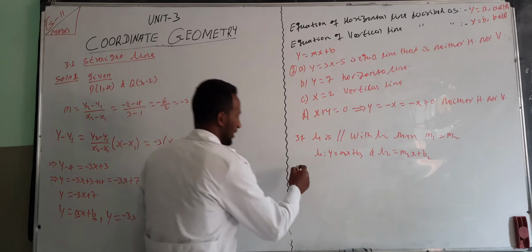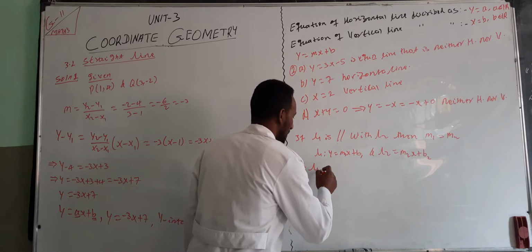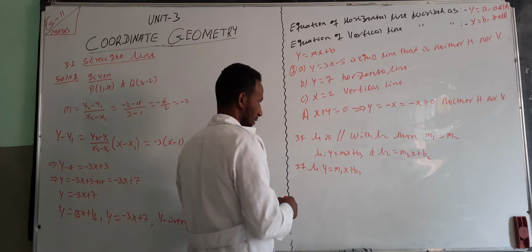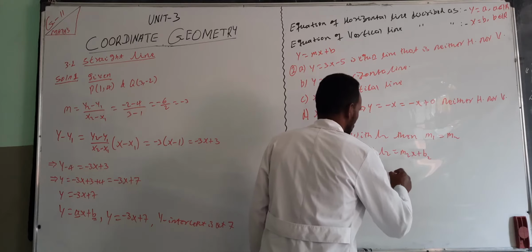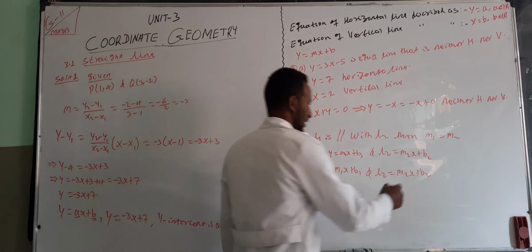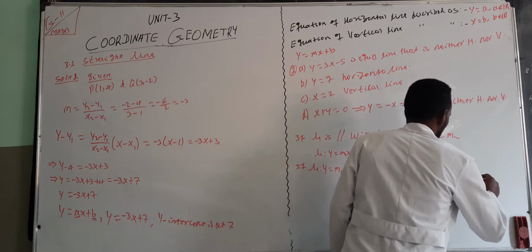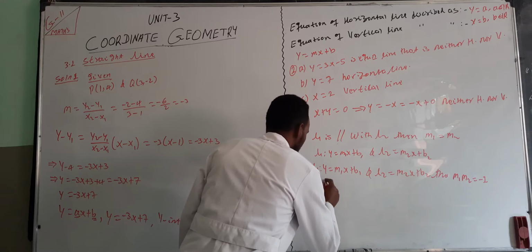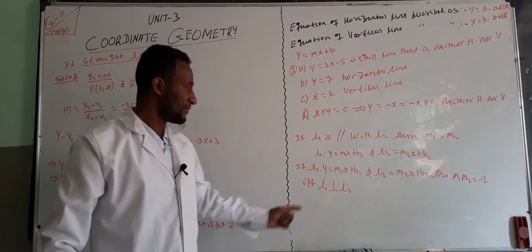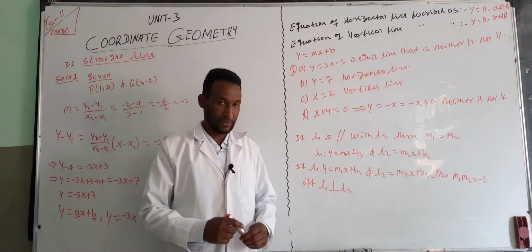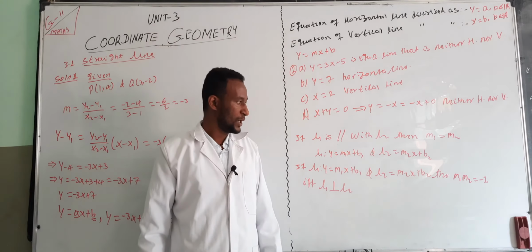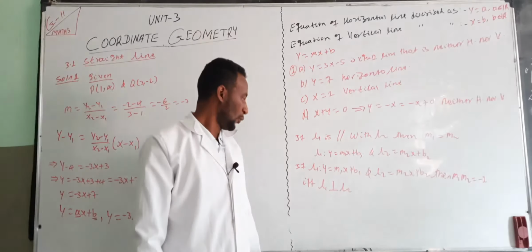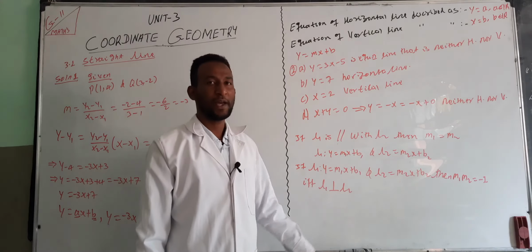If L1 is expressed by the equation y = m1x + b1 and L2 is y = m2x + b2, then m1 times m2 equals -1 if and only if L1 is perpendicular to L2.